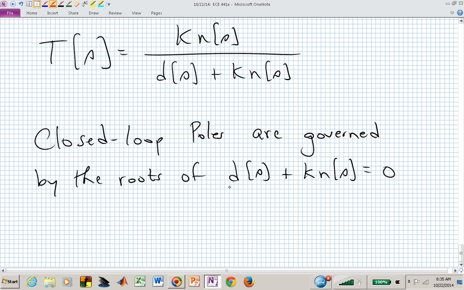And we define this D of S and N of S. D of S corresponded to our open loop poles. Those were the poles of G of S. And the little N of S were the open loop zeros.